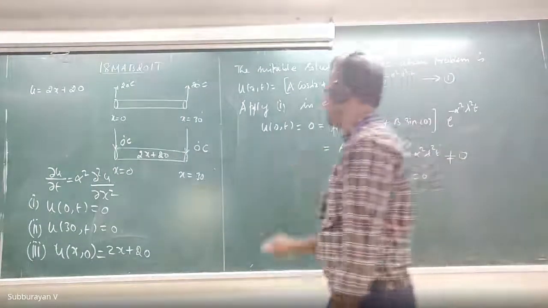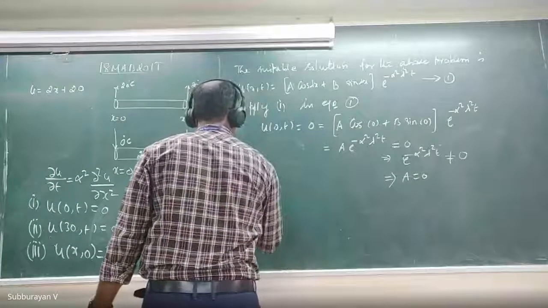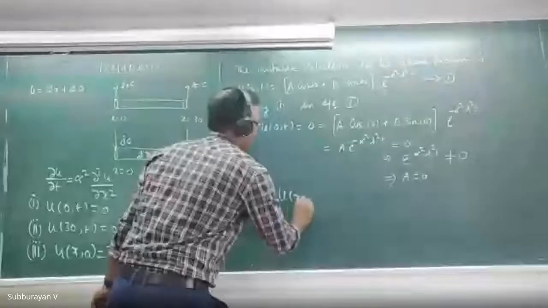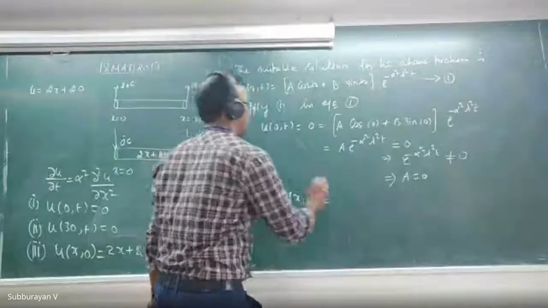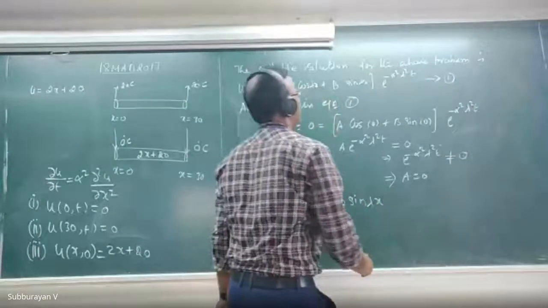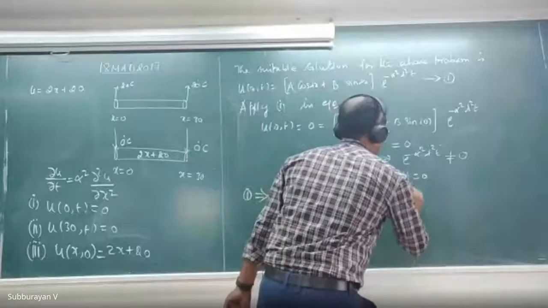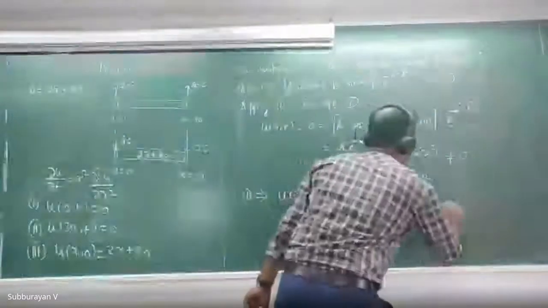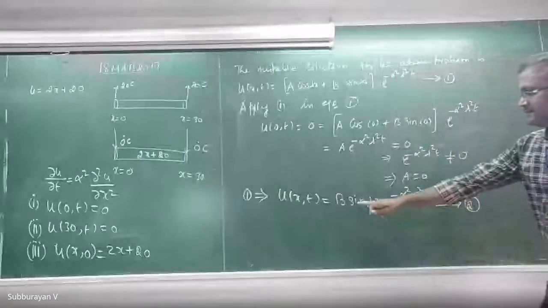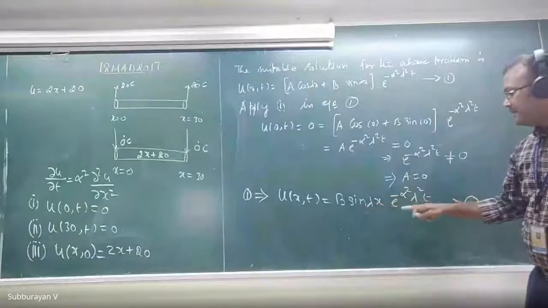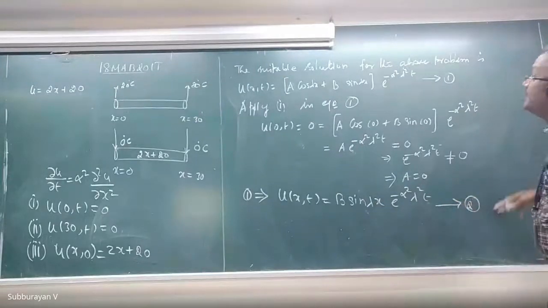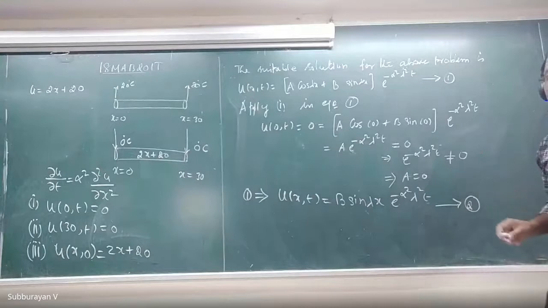If A equal to 0, then equation 1 becomes u of x comma t equal to B sin lambda x into e to the power minus alpha square lambda square into t. Now I call this equation number 2.